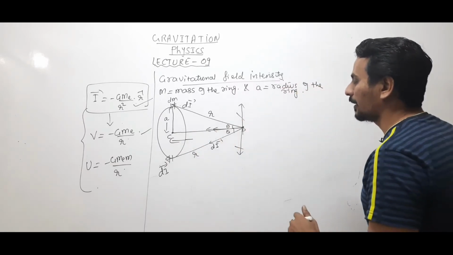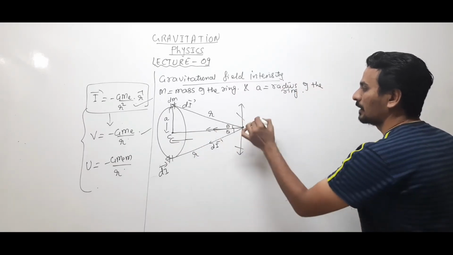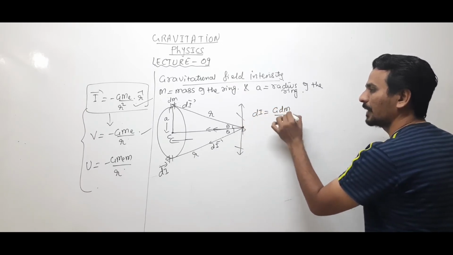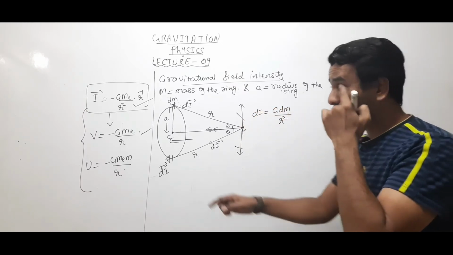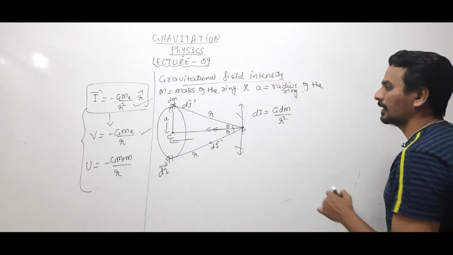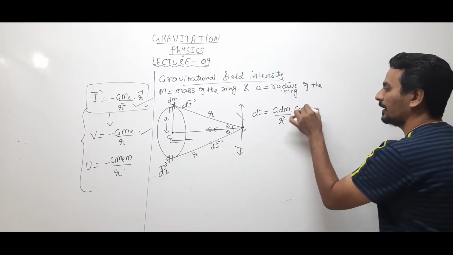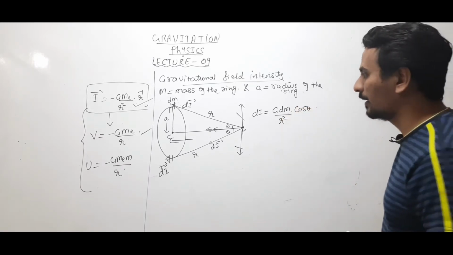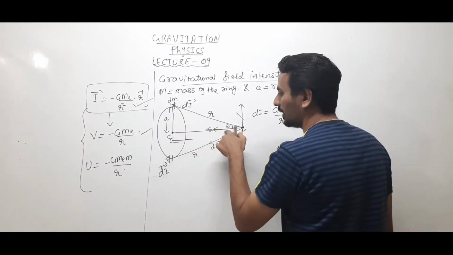Now dI will be equal to G dm by r squared, according to the formula GM by r squared, into only the cos component, cos theta. Now in this triangle, what is cos theta?